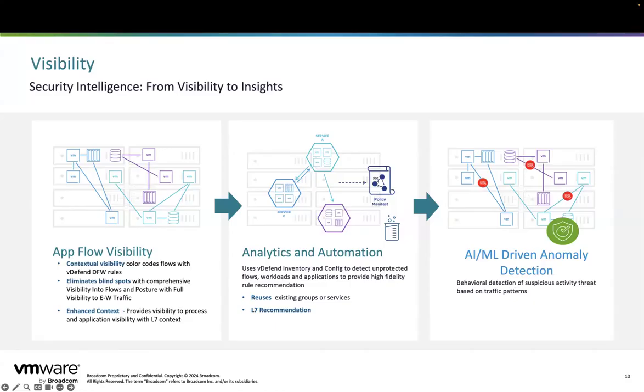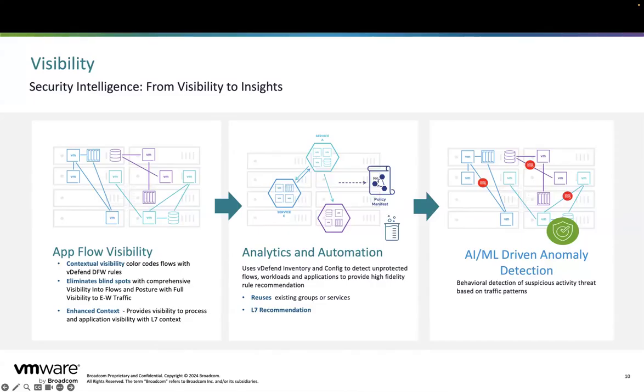We've got automation capabilities that we can tie into this. So using vDefend's inventory and config to detect unprotected flows, workloads, and applications to provide high fidelity rule recommendations. Those rule recommendations can reuse existing groups or services. They can also provide layer 7 recommendations.